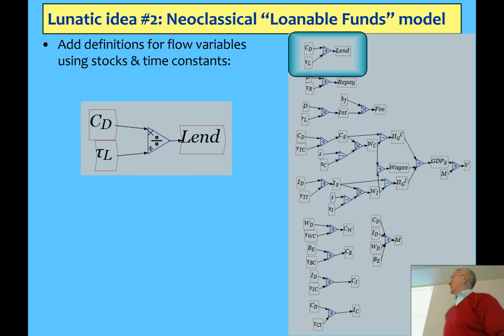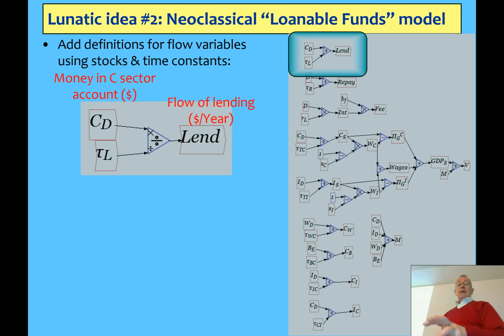So that's the basic story. You take a stock level, you divide it by a time constant, you've got the rate of flow. It can be more complicated than that if it's more realistic, so it's possible to have all sorts of second order effects and integrals turning up. So there's the money in the consumer sector, which is dollars, and you've got a flow of lending, which is dollars per year, and you're dividing it by years.